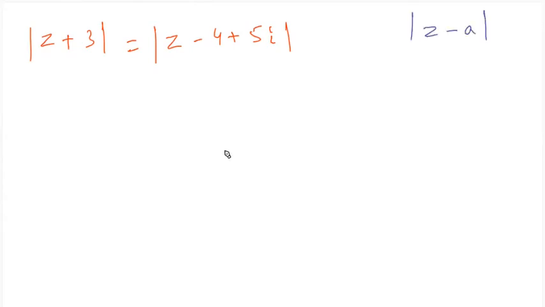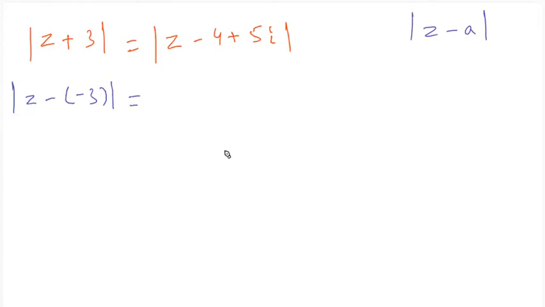That is what tells us the distance from a. Both sides are not in standard form. We need z minus something. On the left side, we'll say this is z minus -3. So we're talking about the distance of z from -3. We're not talking about the distance from 3, we're talking about the distance from -3.